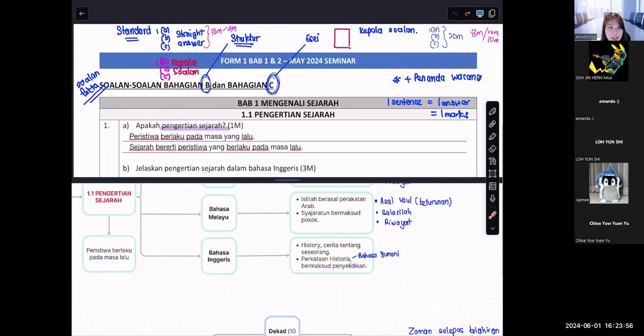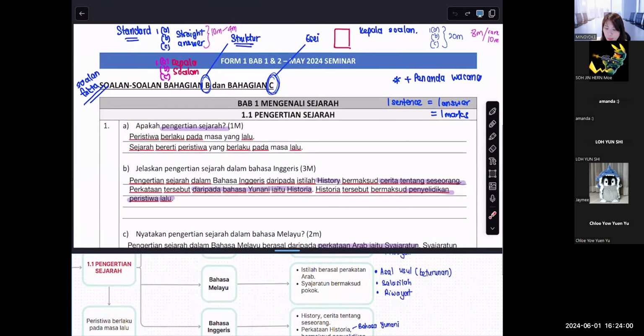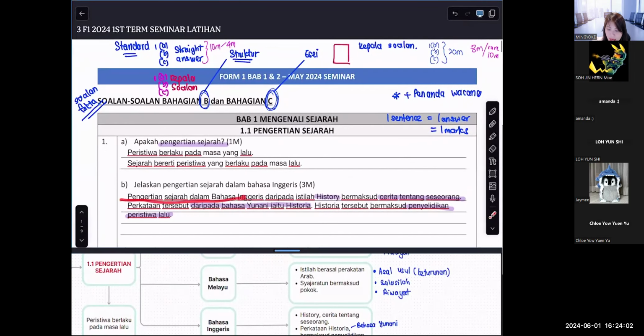So then you can start with your opening kepala soalan, such as pengertian sejarah dalam bahasa English, daripada istilah history bermaksud cerita tentang seseorang. Full stop. Perkataan tersebut daripada bahasa Yunani iaitu historia. Full stop. Historia tersebut bermaksud penyelidikan peristiwa lalu. Full stop.